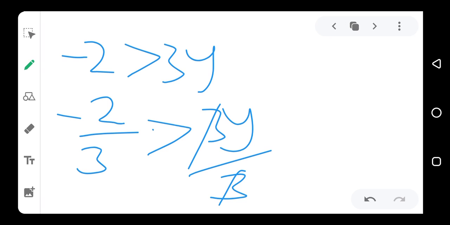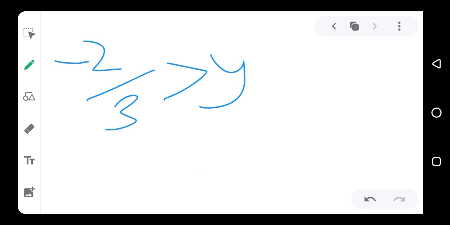Okay. So with this, normally our unknown, or the value or the alphabet we are looking for, we always place it at the left hand side. So we want to change the position of this so that y will come to this side. Now I told you that changing the position of the terms will reverse the sign of the inequality.